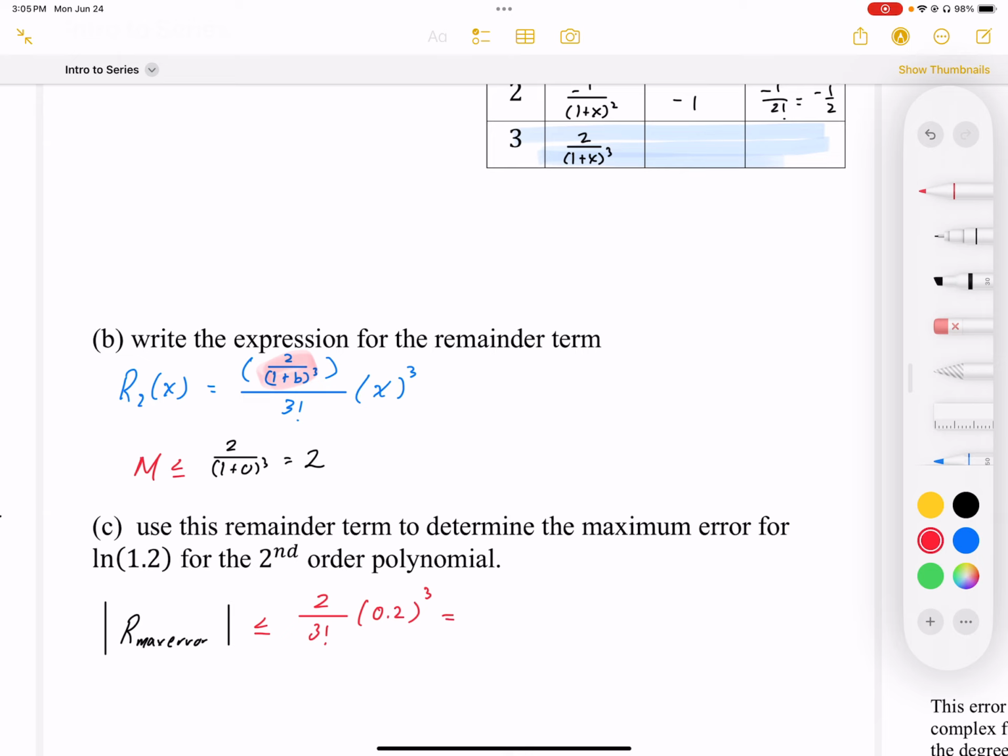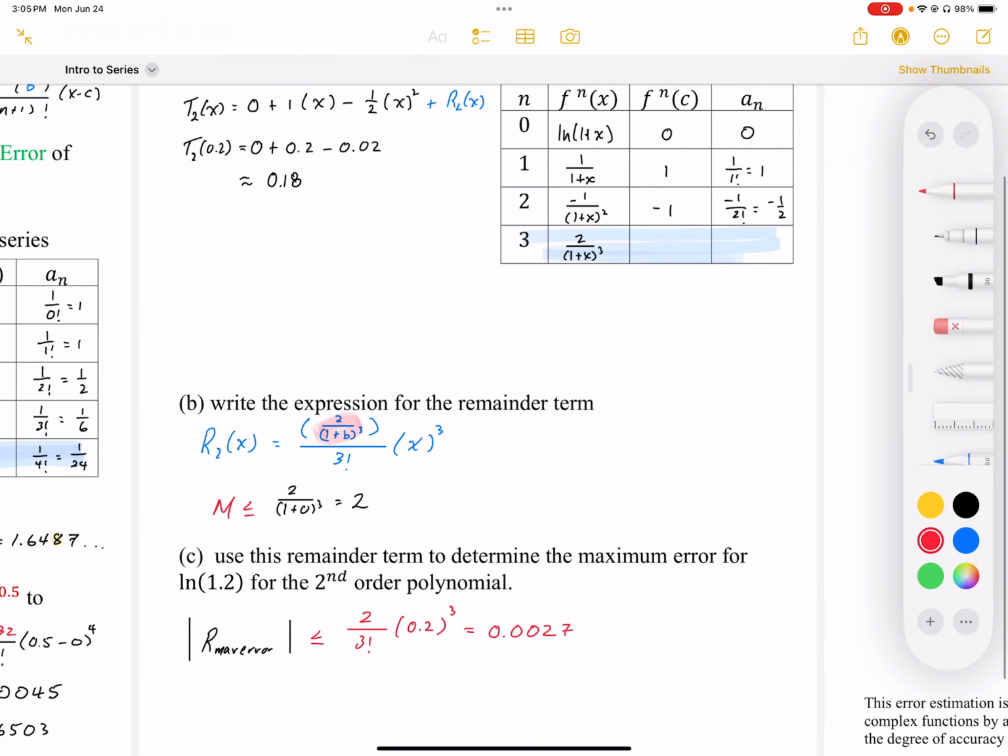And when we work that out, we end up with 0.2 to the power of 3 times 2 divided by 3 factorial, and I get a value of 0.0026 repeating. So I'm going to round that to 27.